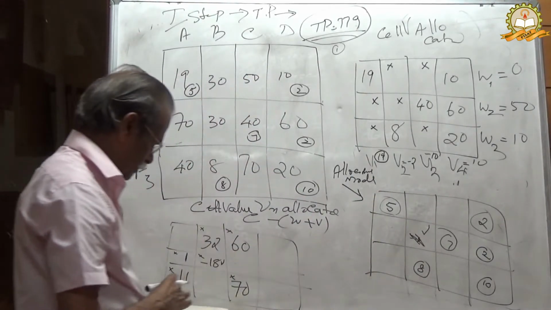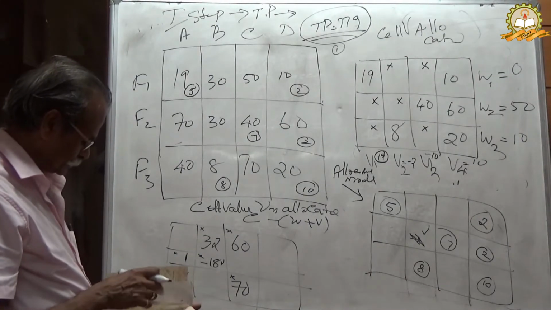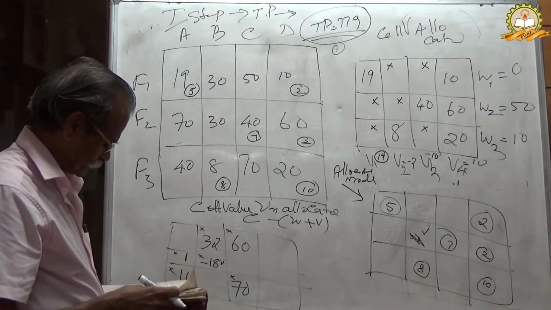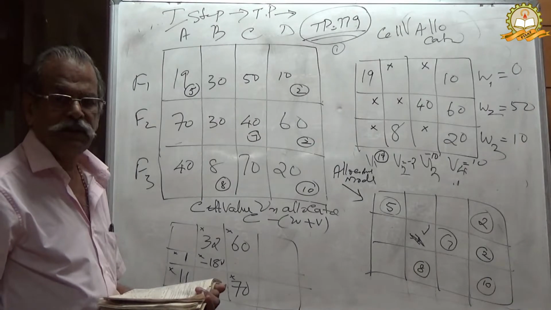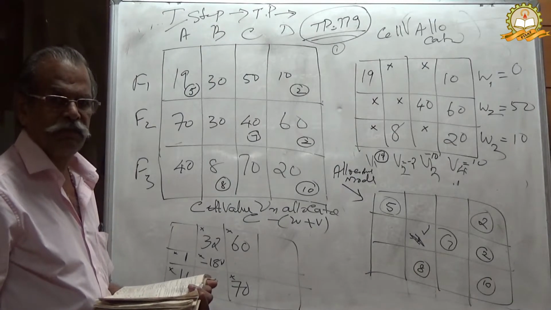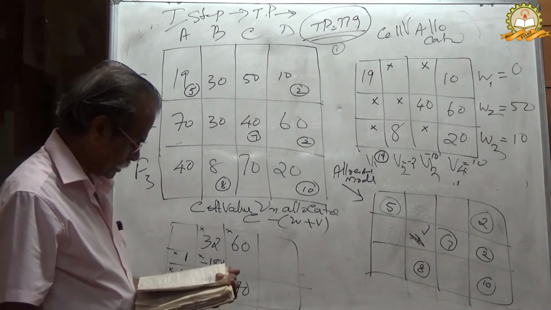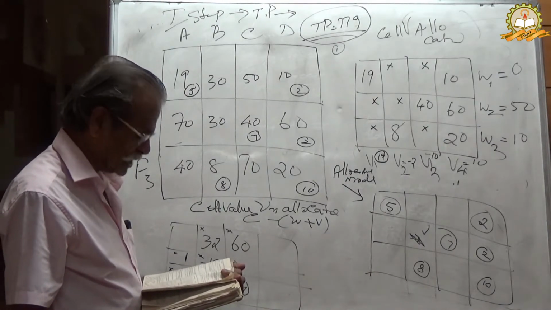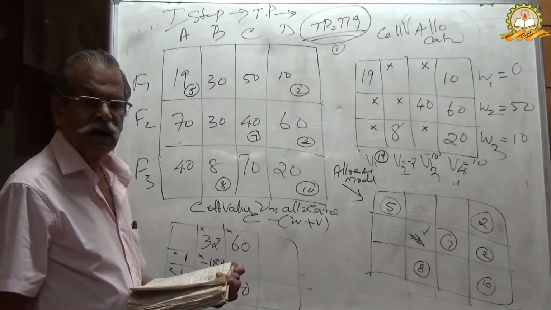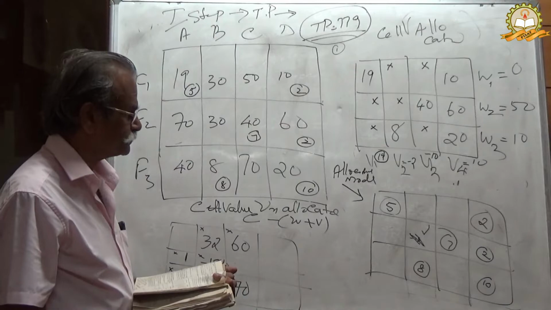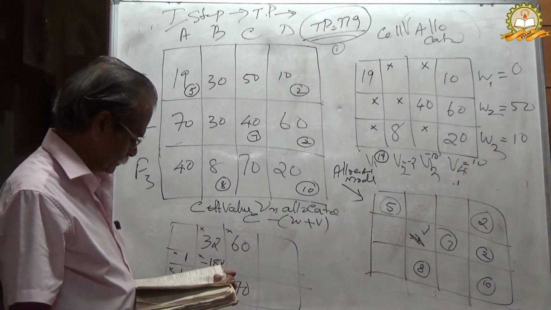Therefore, the procedure is to write the obtained initial basic solution again with allocations made.